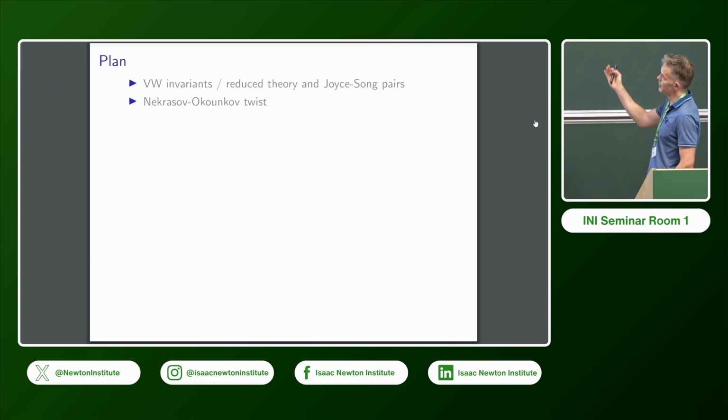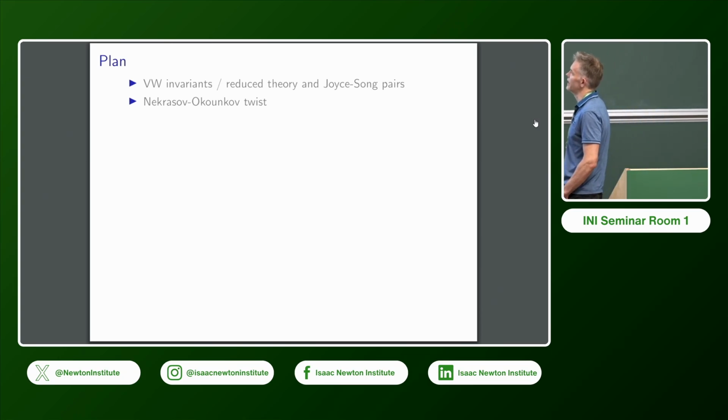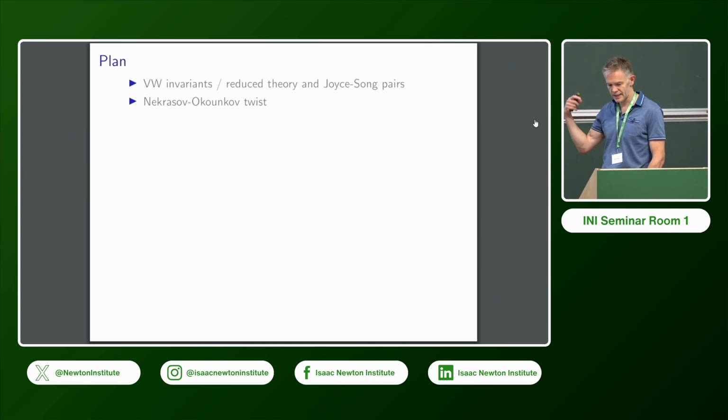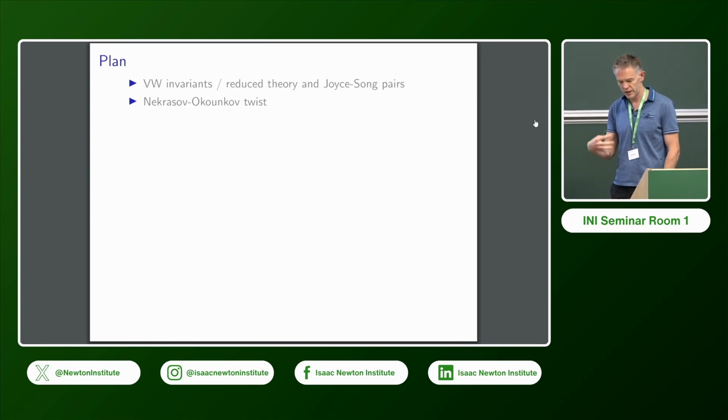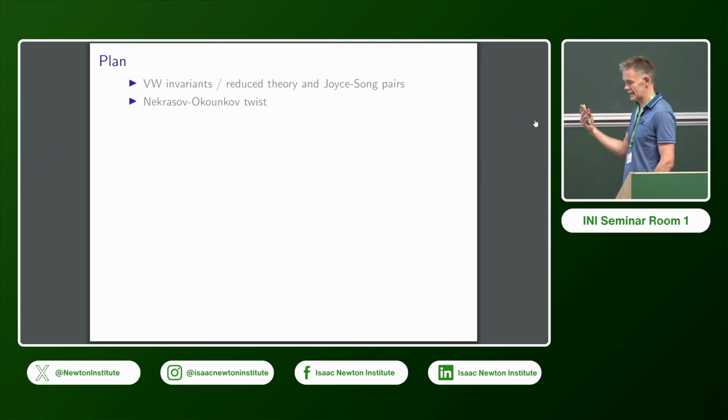So I'll start by just reviewing or defining very vaguely what these invariants are, what the reduced obstruction theory is, and Joyce-Song pairs. These are things which are used when you have strictly semi-stable sheaves, possibly with many automorphisms, so you have a stack. You can stabilize that stack and soak up those automorphisms by picking some kind of framing.